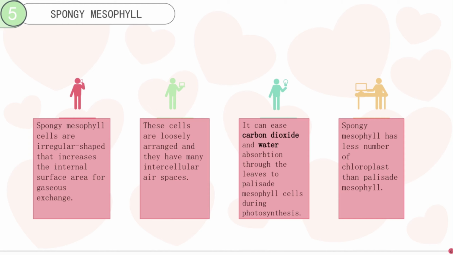Spongy mesophyll cells are irregular shaped that increases the internal surface area for gases exchange. These cells are loosely arranged and they have many intercellular air spaces. It can ease carbon dioxide and water absorption through the leaf to palisade mesophyll cells during photosynthesis. Spongy mesophyll has less number of chloroplasts than palisade mesophyll.